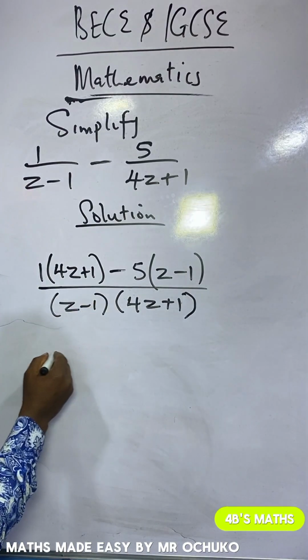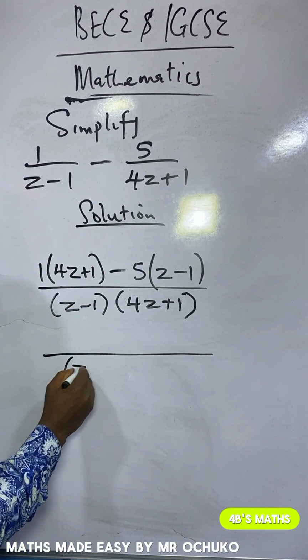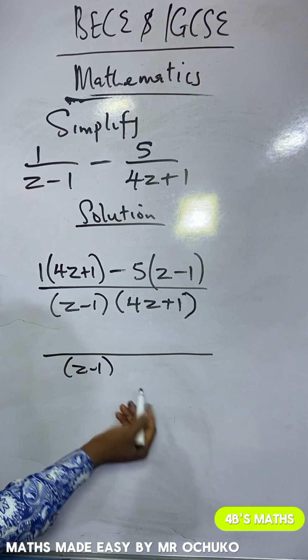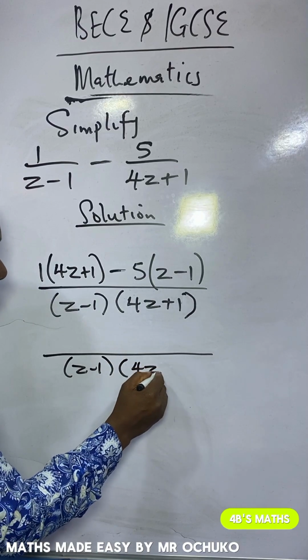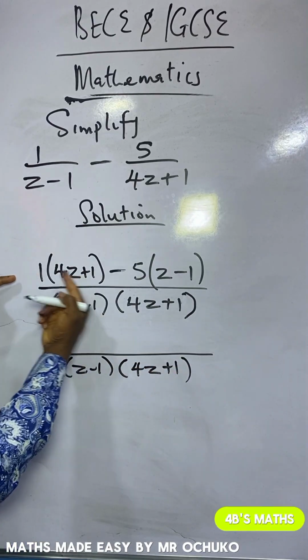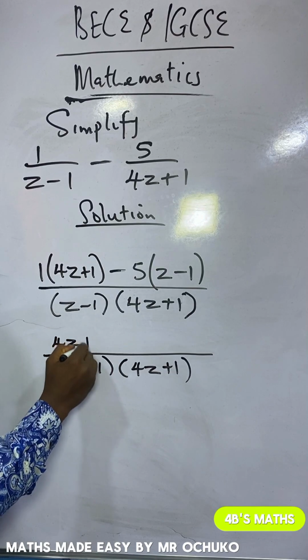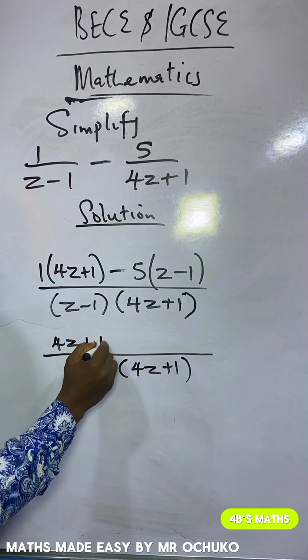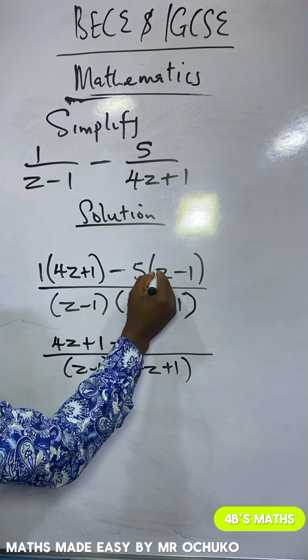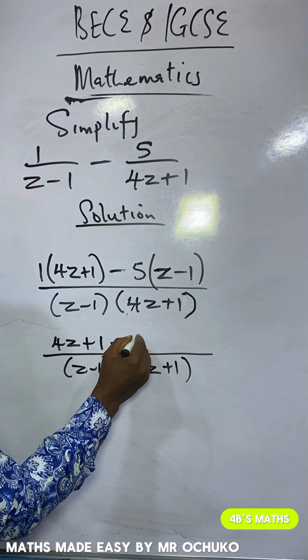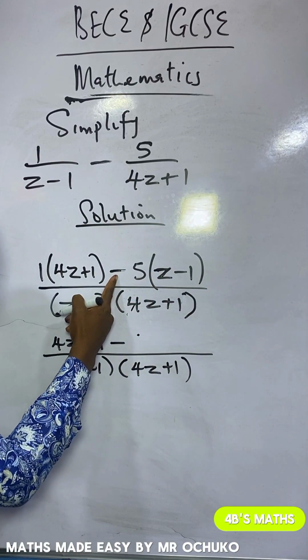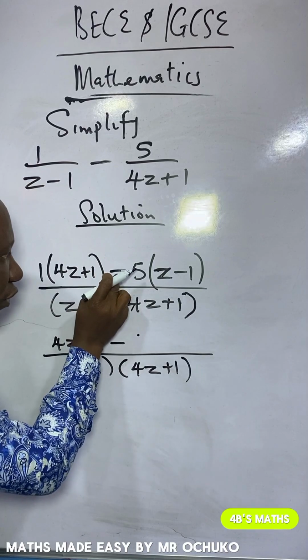Now, what do we have next? We still have our z minus 1. Don't touch it because you are simplifying. 4z plus 1, but expand: 1 times 4z, 4z. 1 times 1, 1. 5 times z, this is z. 5 times z. You know, there's a minus sign here. Be careful about this minus sign. Minus times plus.